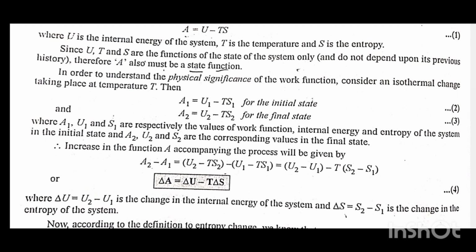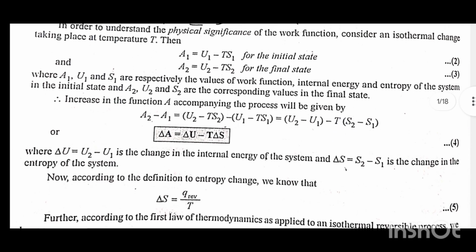In order to understand the physical significance of the work function, consider an isothermal change taking place at temperature T. Then A1 = U1 - TS1 for the initial state, and A2 = U2 - TS2 for the final state, where A1, U1 and S1 are respectively the values of work function, internal energy and entropy of the system in the initial state, and A2, U2 and S2 are the corresponding values in the final state.